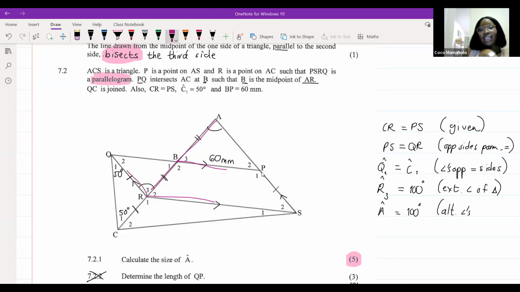Therefore, A is equal to 100 degrees, alternate angles, and my two parallel lines are going to be QR and AS. Those two need to be parallel. QR is parallel to AS, and I have to run away.